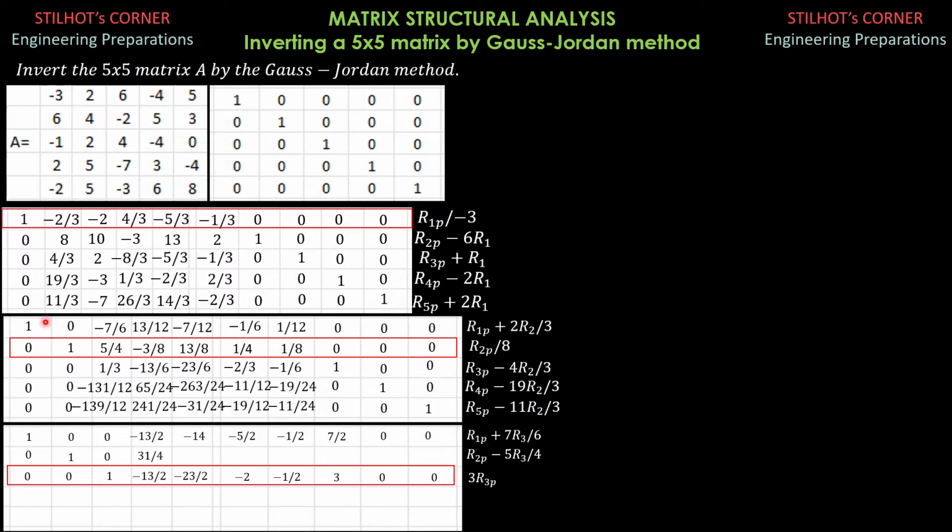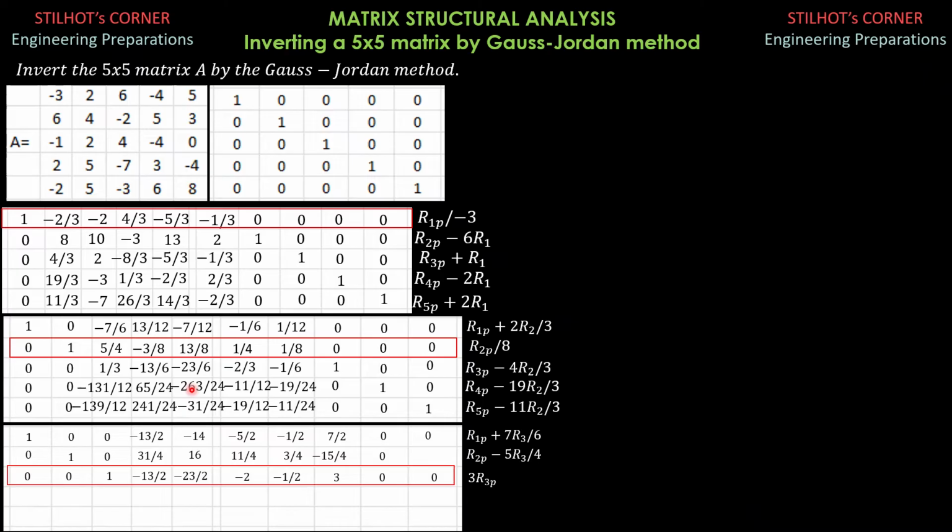Then row 4 previous, negative 131 over 12, we make this 0. So it should be row 4 previous plus 131 over 12 of row 3. I hope that you know already the procedure, so I'll make it faster a bit. 0, 0, 0. 65 over 24 plus 131 over 12 of negative 13 halves is negative 273 over 4.